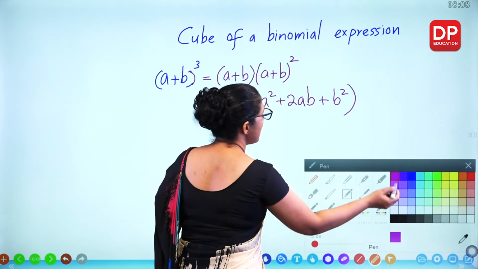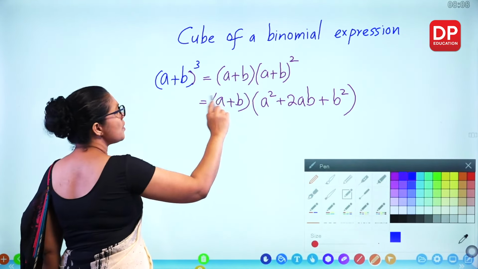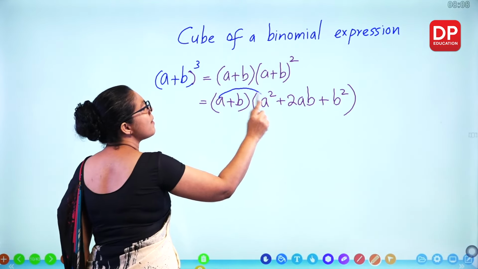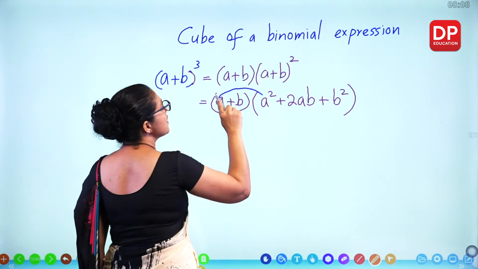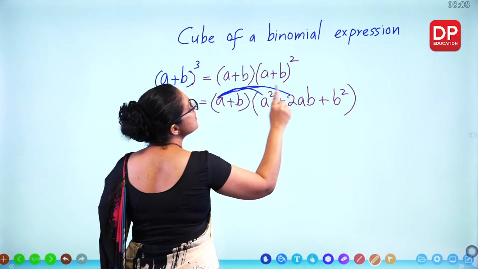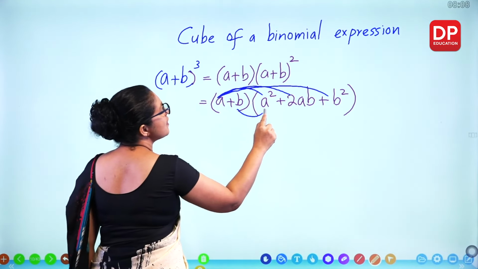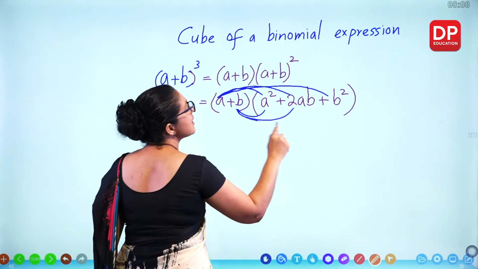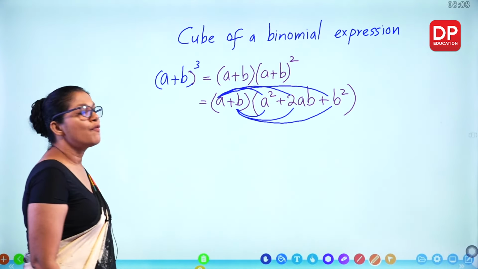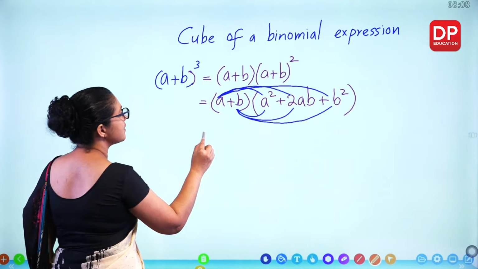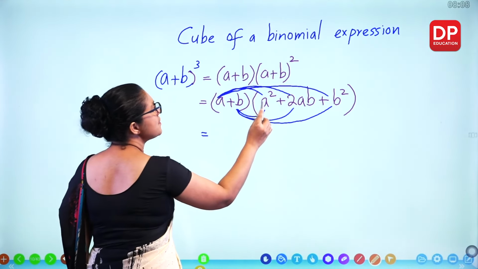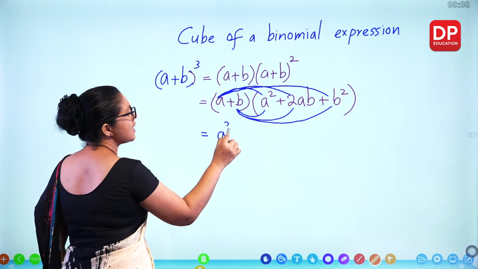So here I'll take this one. Now again you have to multiply all the terms. So here first with first, first with second, first with third, second with first, second with second, second with third. So we are using the rainbow method. So what you get? A times a squared, you get a cube.